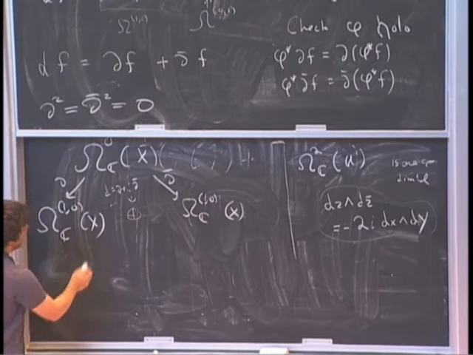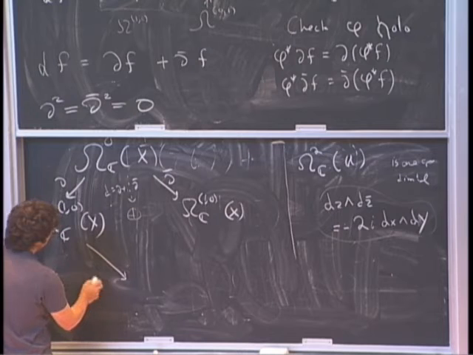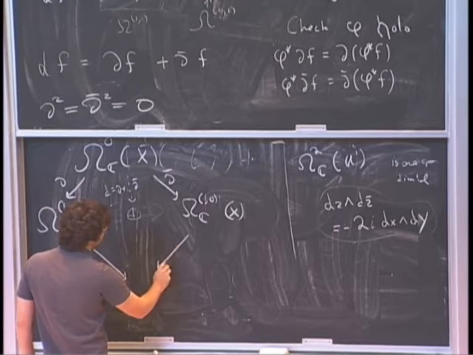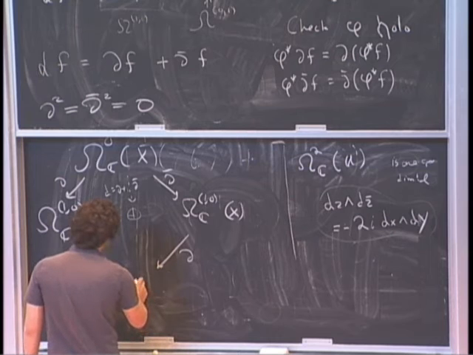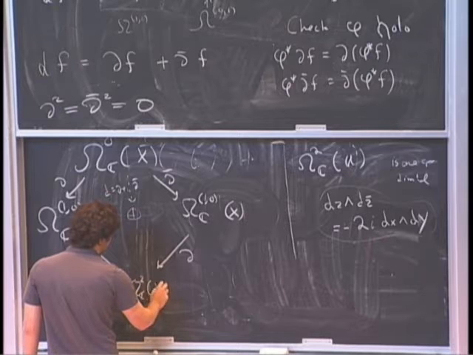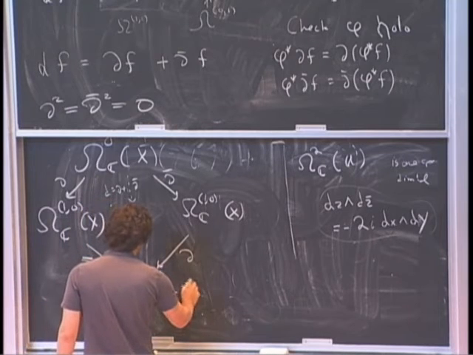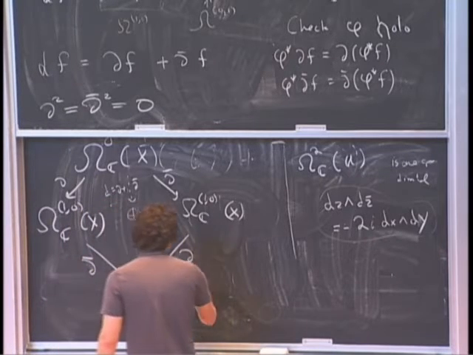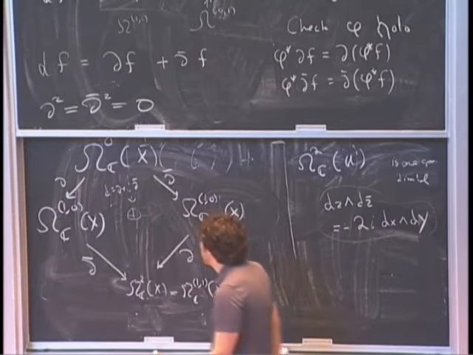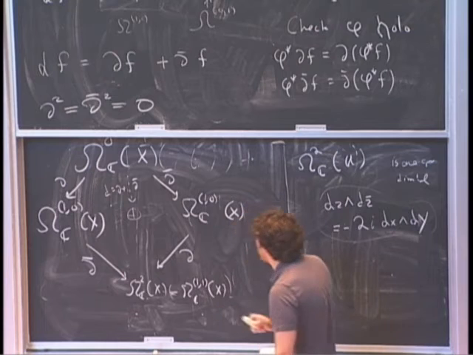And so when you compute d, you can really think of it as computing just del bar here, and del here, and you get to omega 2c of X, which, if you wanted to emphasize that you're working on a Riemann surface, you would write as 1, 1, but that's not really telling you anything.